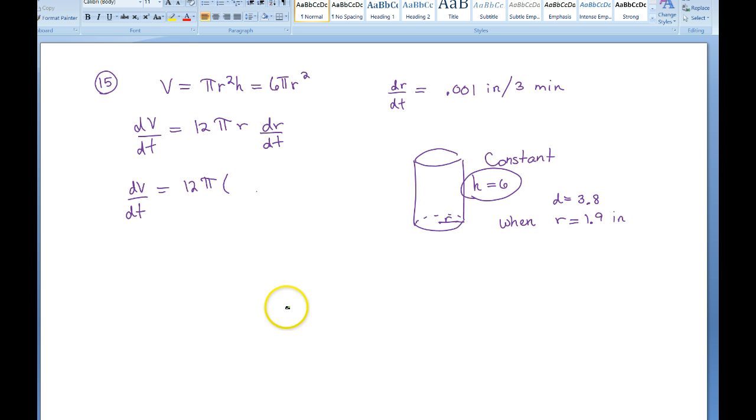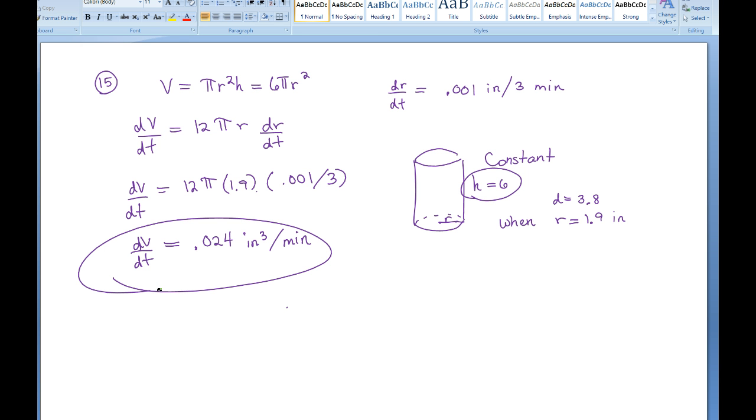The radius is 1.9 and dr/dt is 0.001 over 3, and we get about 0.02. This would be a calculator problem. Yes, definitely. I think for this one it was just about understanding. I wanted to make sure that h was constant. They have the depth, but the radius is increasing.